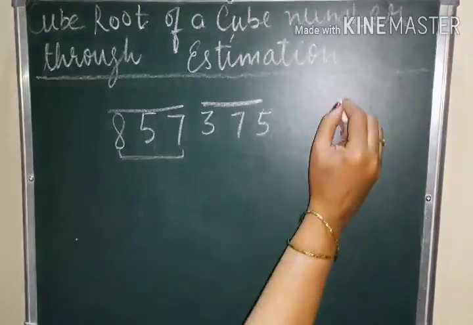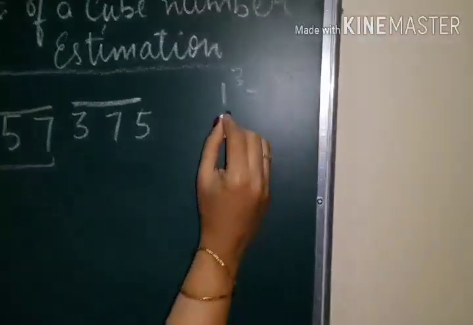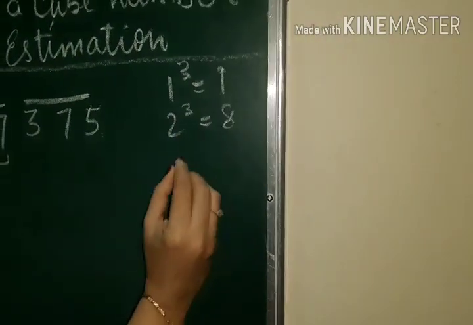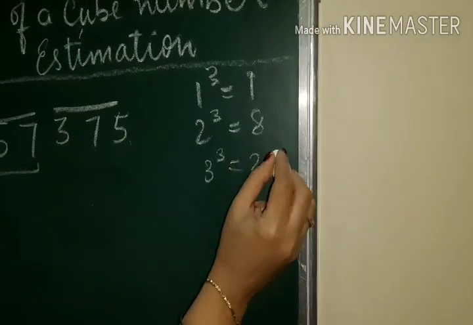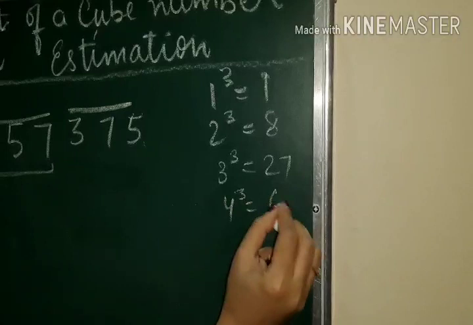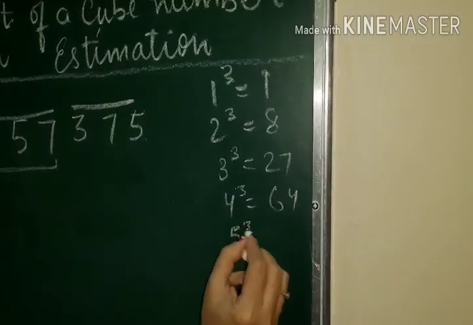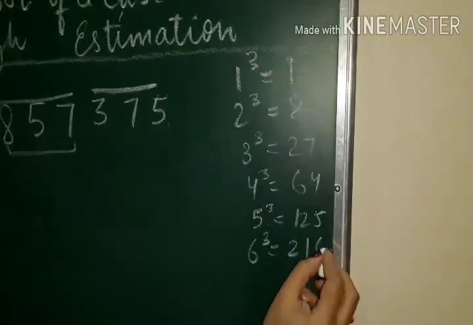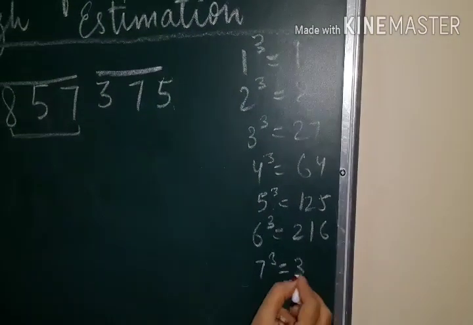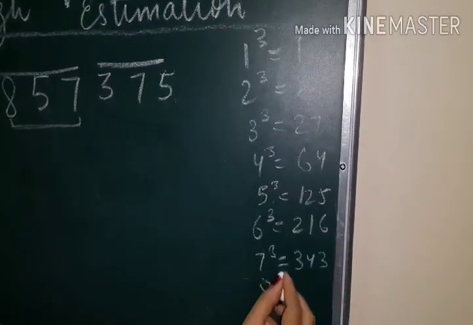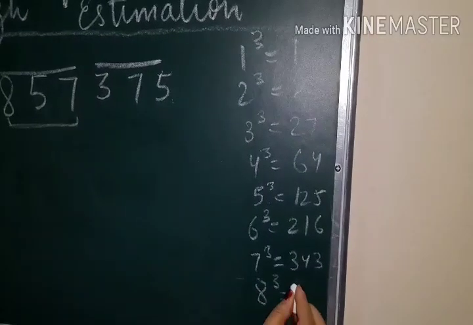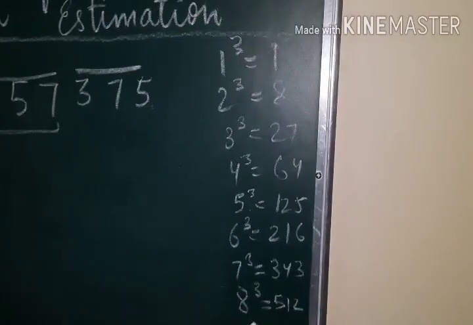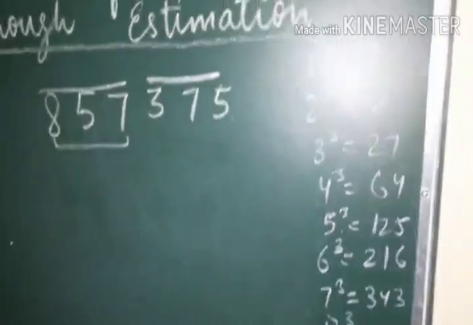You know that 1 cube is 1, 2 cube is 8, 3 cube is 27, 4 cube is 64, 5 cube is 125, 6 cube is 216, 7 cube is 343, 8 cube is 512, 9 cube is 729.